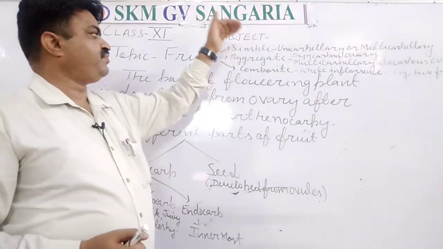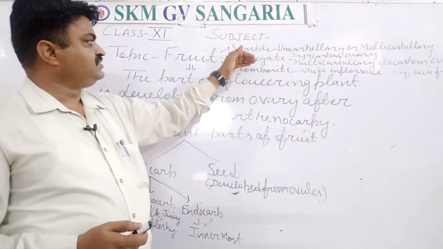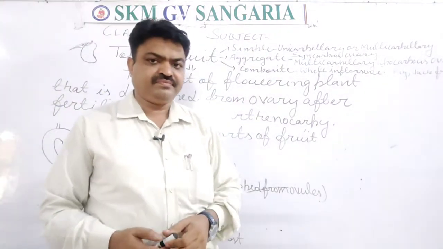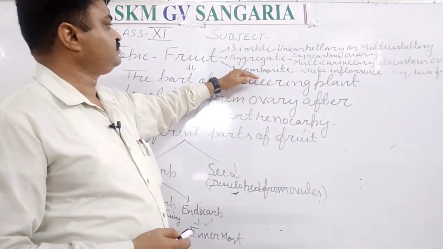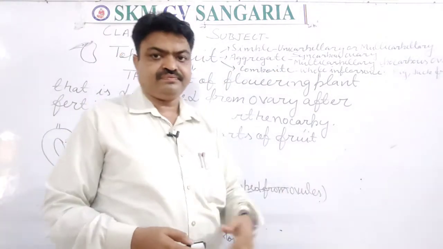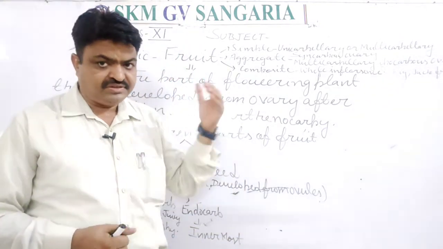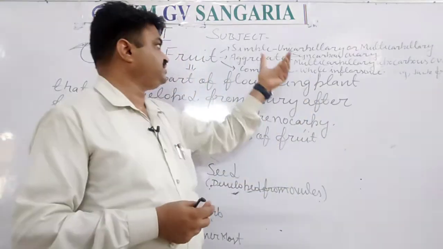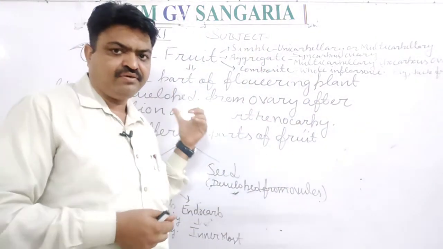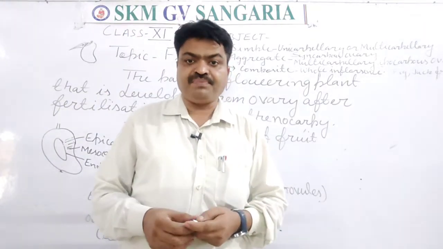First is simple fruit. Second is aggregate fruit. Third is composite fruit. In general, in our surroundings, which fruit is found? It is the simple fruit, like mango, guava, apple. They are examples of simple fruit.